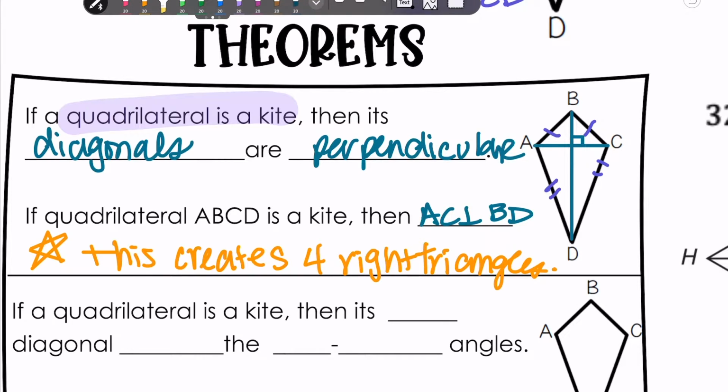You're going to get this one right here, this one, this one, and this one. So you get 4 right triangles. That'll be helpful for you when you have to use the Pythagorean theorem. Hint, hint.